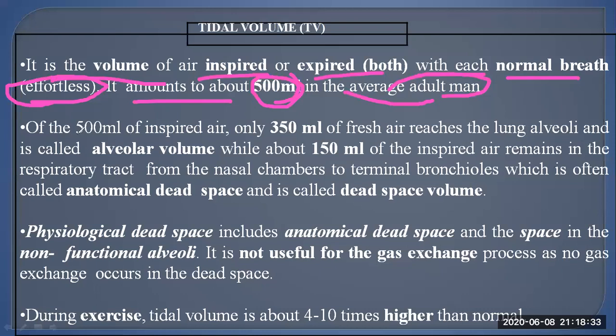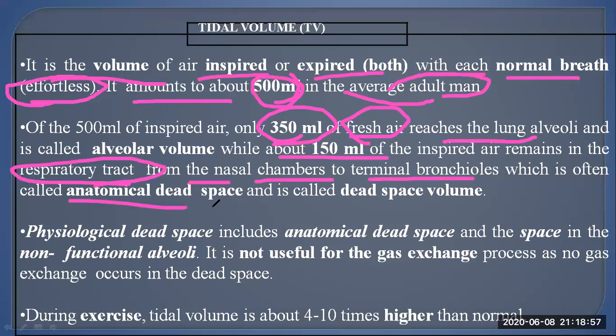And in case of the tidal volume, 350 is the fresh air which reaches into the lungs, and the remaining air is generally trapped by the respiratory tract, from the nasal chambers to the terminal bronchioles, and this is called the anatomical dead space or dead space volume. So dead space volume means 150 ml, which does not reach the lungs.